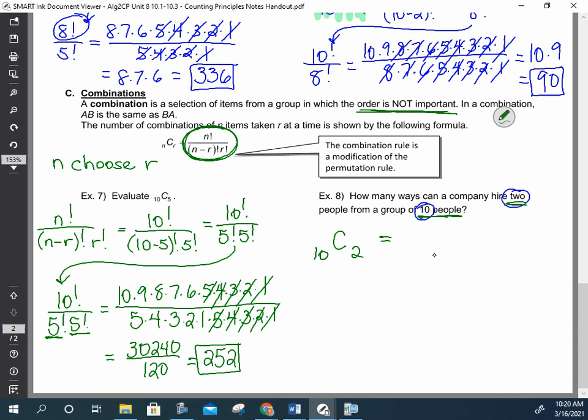Now, for those of you with the calculator, I'll show you what the answer should be. For those of you who would have to do it the long way, here's how you would do it. 10 is the n value, r is the 2 value. Remember, that order never changes. So that's 10 factorial over 10 minus 2 factorial, 2 factorial.